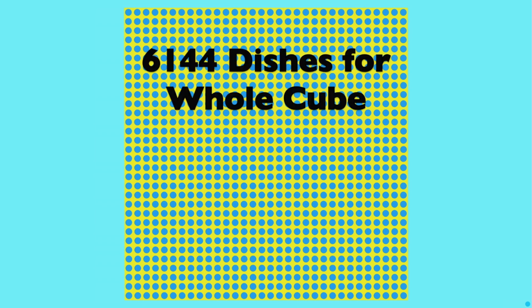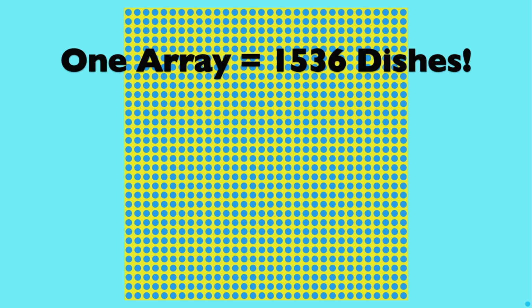Each face of the cube has 1,024 dishes. Multiply that by 6, and the entire cube has 6,144 dishes. Divide by 4 for the arrays on the faces of the tetrahedron, and you find that each array is doing the work of 1,536 dishes.